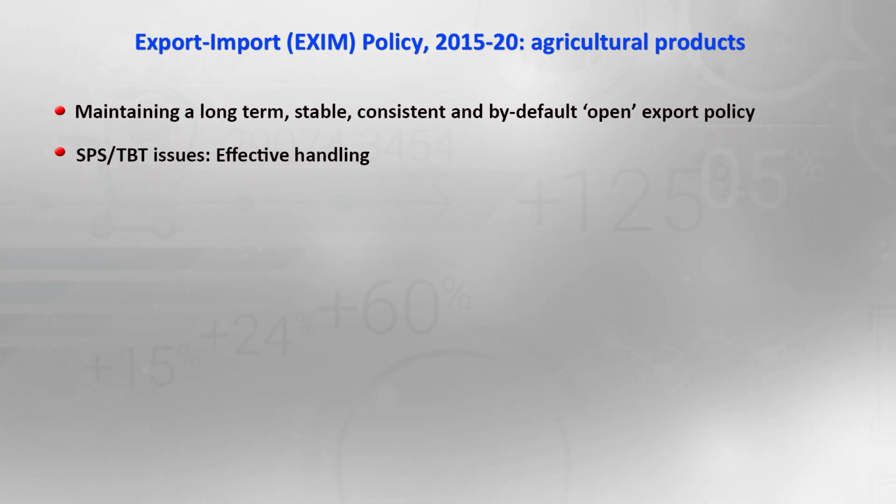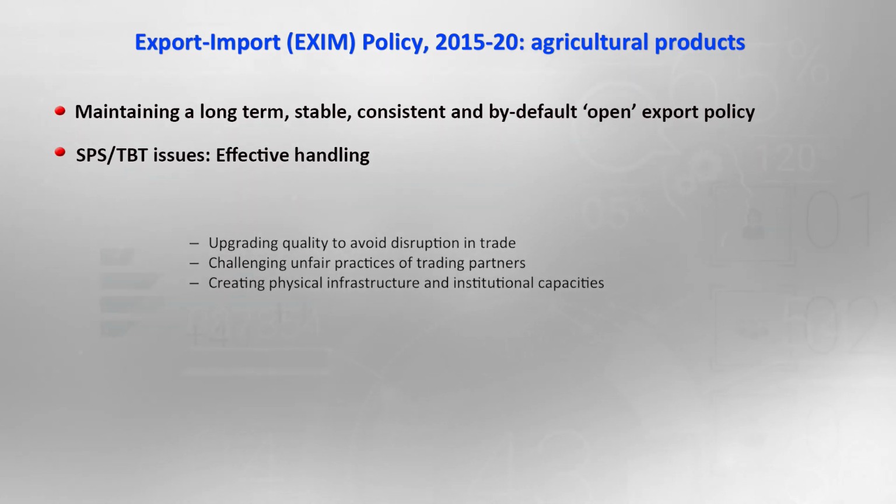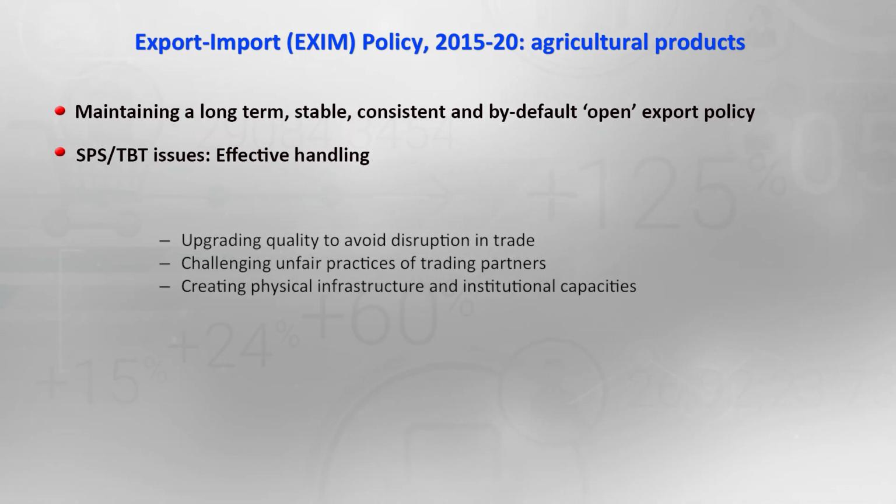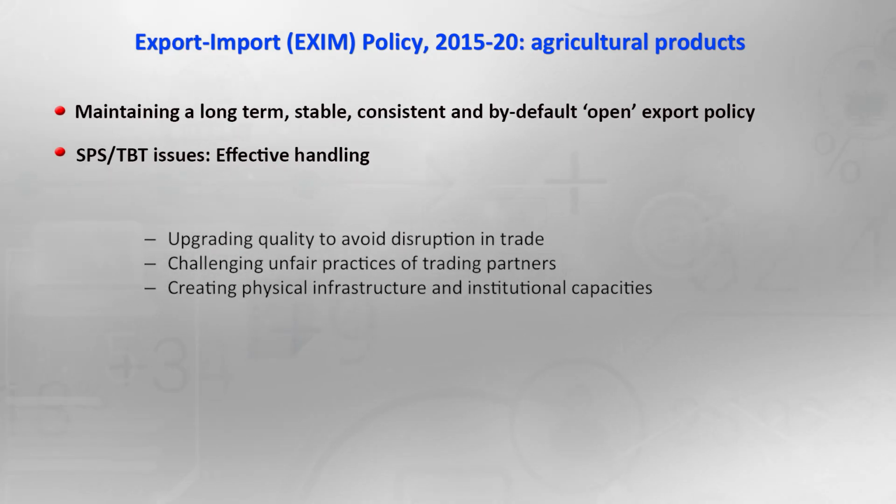And basically to deal with the sanitary, phytosanitary and technical barrier related trade issues. There are SPS issues and TBT issues. We need to have effective handling of these issues by upgrading the quality to avoid disruption in trade, then challenging unfair practices of trading partners.